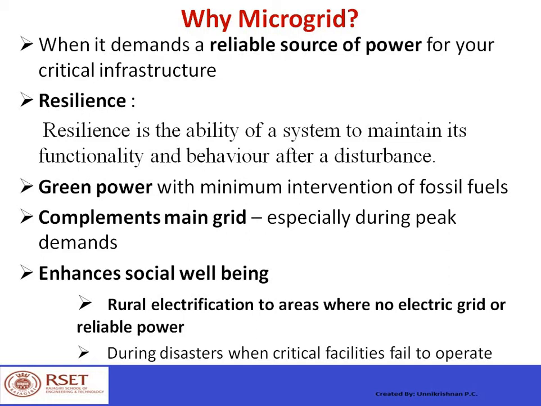So rural electrification to areas where there is no electric grid or reliable power. During disasters when critical facilities fail to operate, this is very important. When there is a disaster and the main grid fails, the microgrid will be able to support critical facilities.